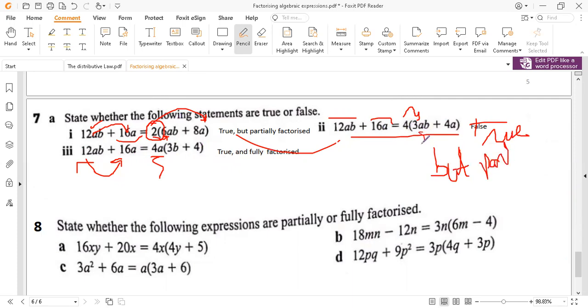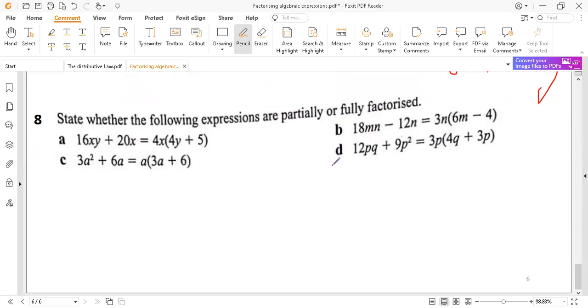Because A is also common between the two terms inside, so we have another factor other than 4. We have an A here and here. Good. You can also complete the other statements to find out if they are partially or fully factorized.